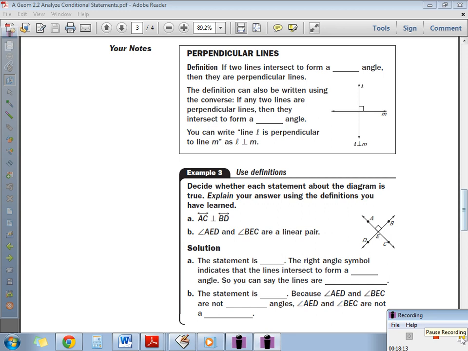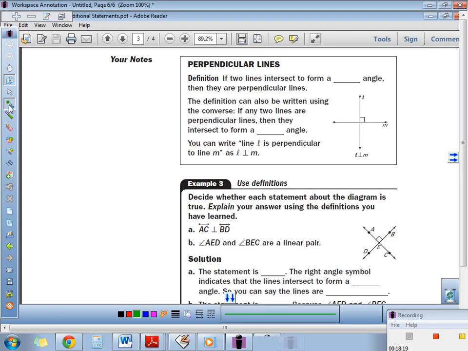This next definition is about perpendicular lines. It says if two lines intersect to form a right angle, then they are perpendicular lines. Or you could say 90-degree angle. I would take either of those. The definition can also be written as the converse.